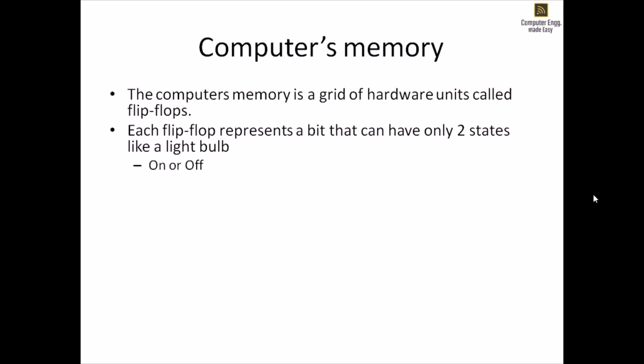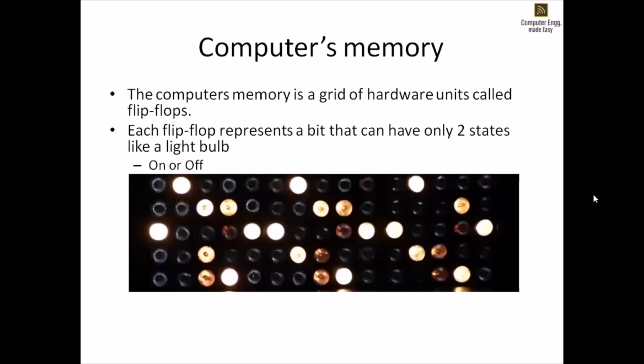A flip-flop can have only 2 states, just like a bulb, that is on or off. Hence, we can have only 2 values, that is 1 or 0. Now, since this numbering system can hold only 2 values, we call the numbering system a binary or a base 2 numbering system.